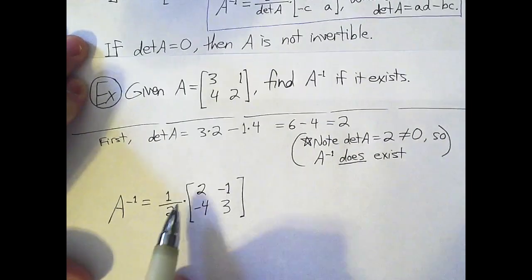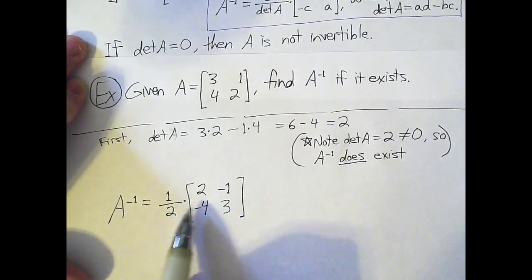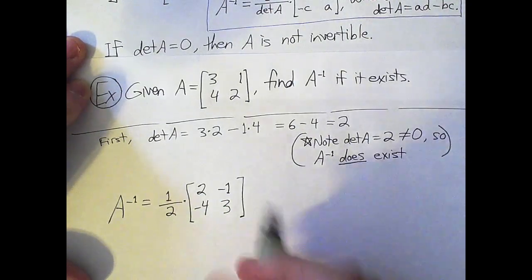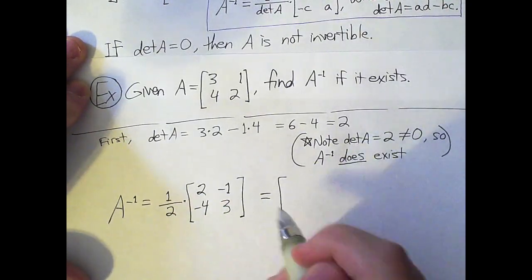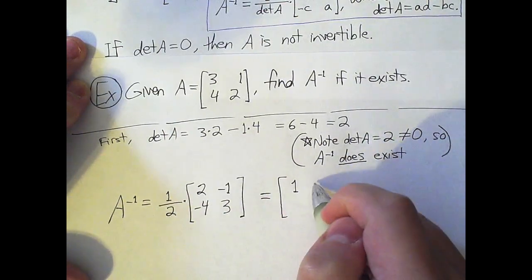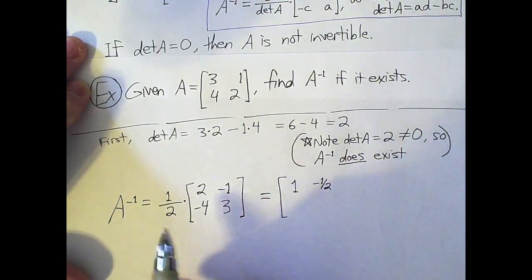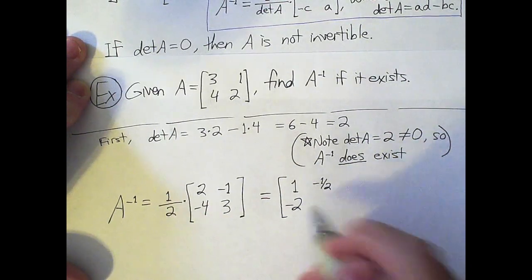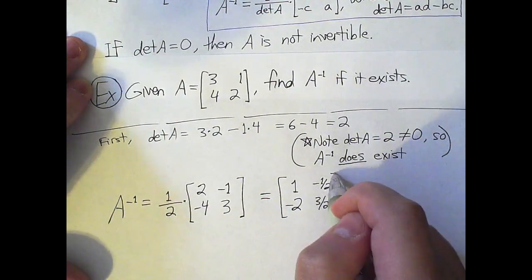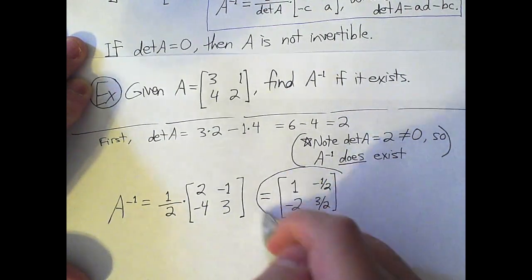This is a scalar multiplication, right? A number times a matrix. We talked about that in the previous lesson. So 1/2 times 2 is 1. 1/2 times -1, we get -1/2. 1/2 times -4, we get -2. And 1/2 times 3, we get 3/2. So this is the answer. This is A inverse.